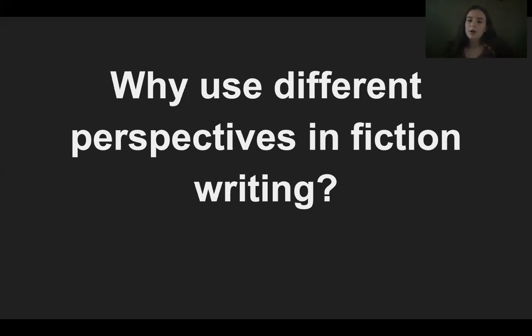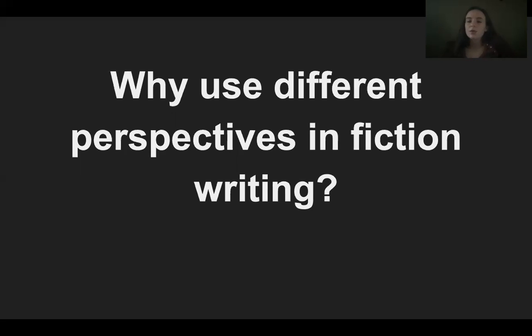So why would authors use different perspectives in fiction writing? This is one technique that authors use to make a story more interesting. So, for example, if they want a reader to be able to see things that are going to happen before the characters know, they might choose to use third person omniscient as a way to sort of give the readers insight onto what's going to happen, and not be limited by what a character is feeling.